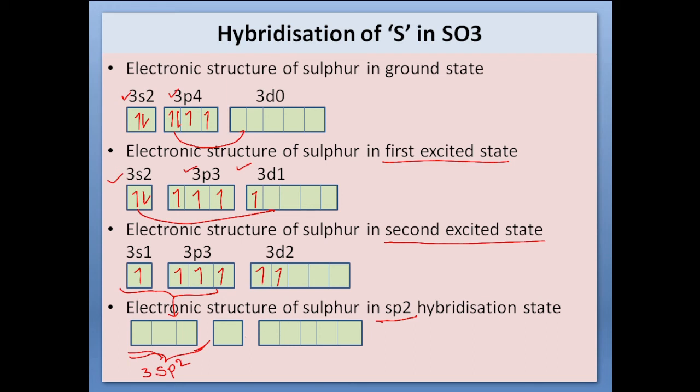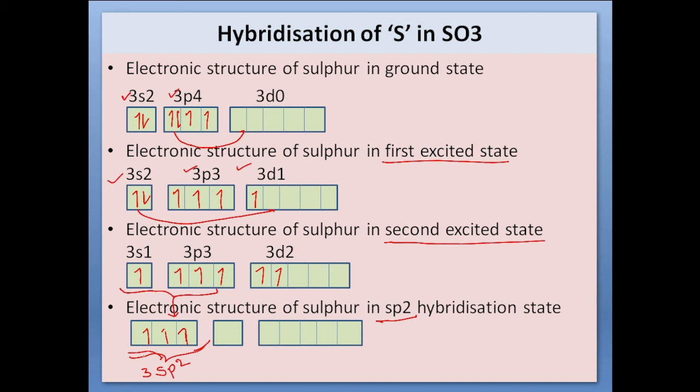In this, the 3 hybrid orbitals contain unpaired electrons. See, this is 1, 2 and then 3: 3 unpaired electrons. The unpaired electrons form 3 sigma bonds with the 3 oxygen atoms.